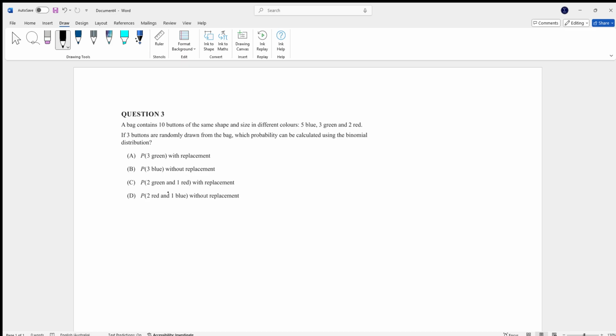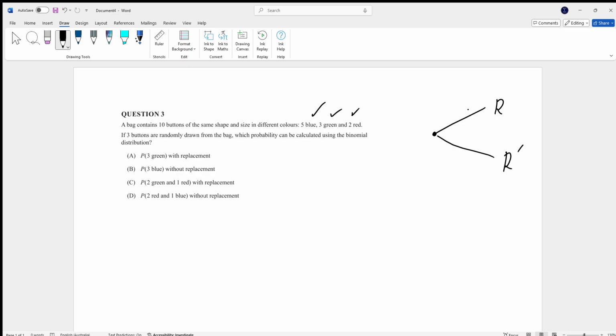A binomial distribution is really important to understand because there are 2 things you need for a binomial. One, you have to be able to break it into 2 options. So you might have 3 things here, however you can still break it into 2 options. For example, you could be picking red, or you could be picking not red. Now the other thing is they have to be independent events.